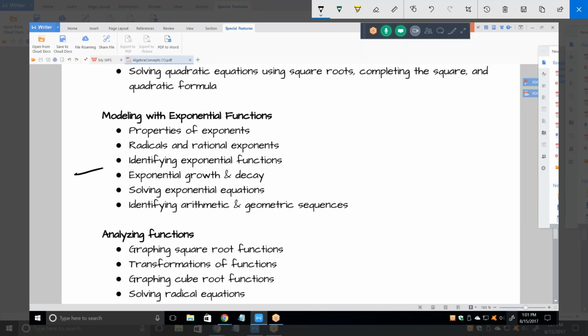This is actually a pretty big subject. There's actually three major equations for growth and decay, but I don't think for Algebra 1 they need you to know all three. This is the primary one.